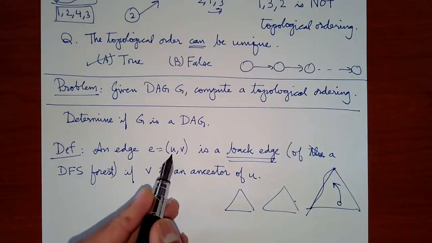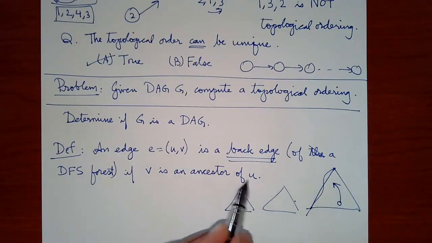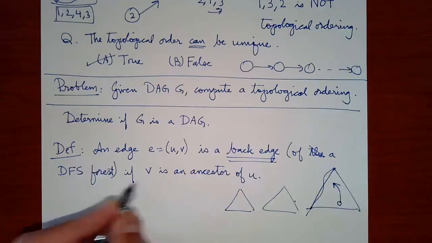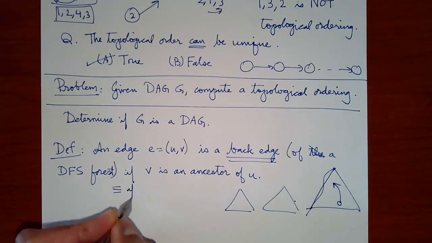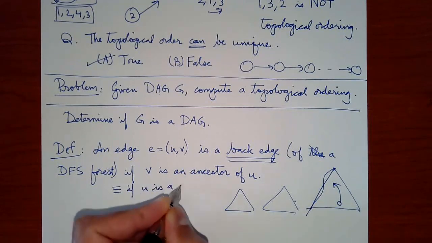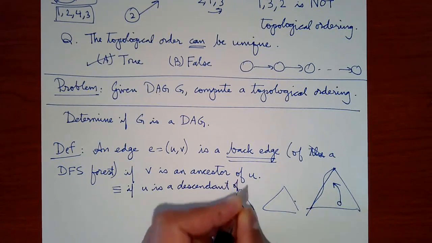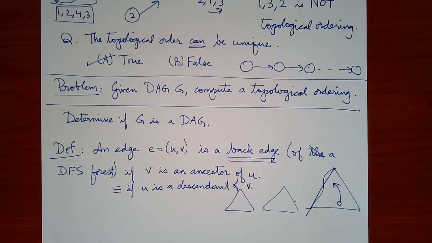Because this is pointing from U to V, V is an ancestor of U, or equivalently, U is a descendant of V. Okay, does that make sense? So that's what a back edge is.